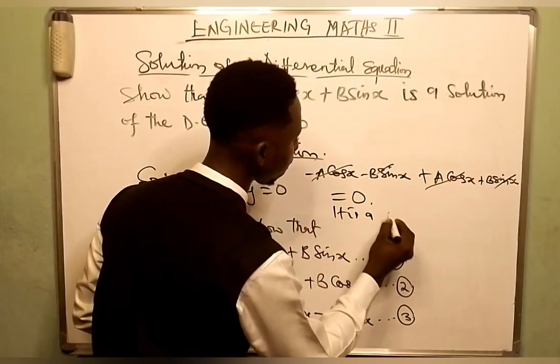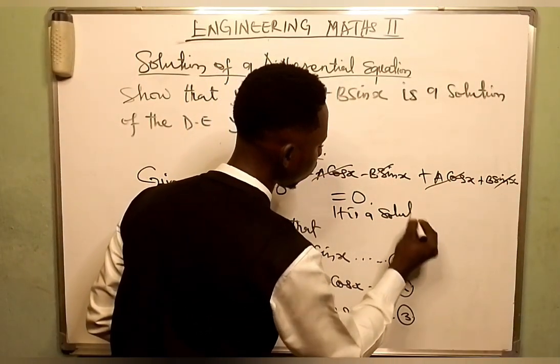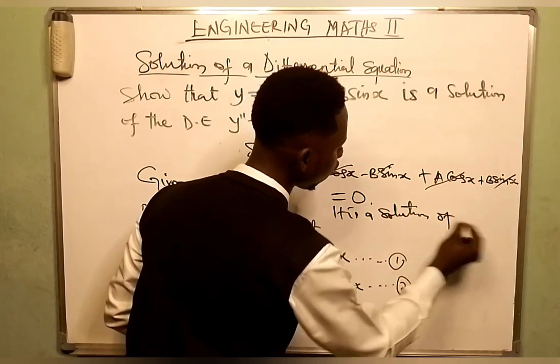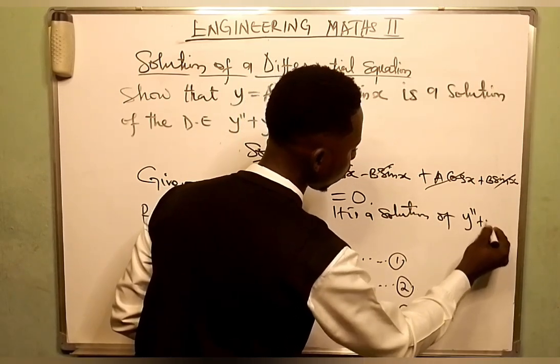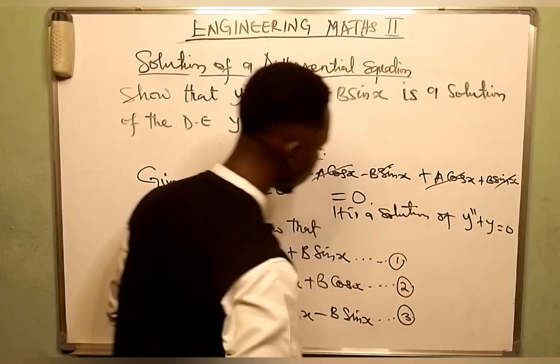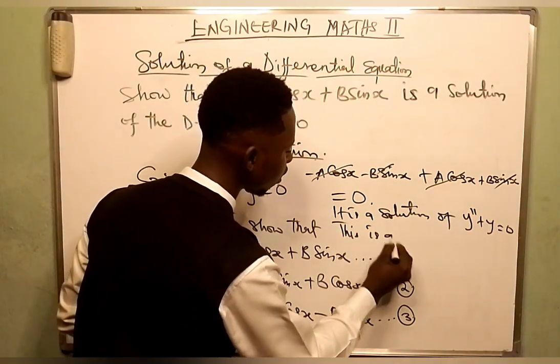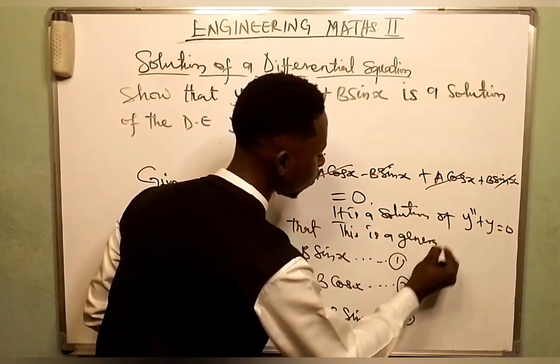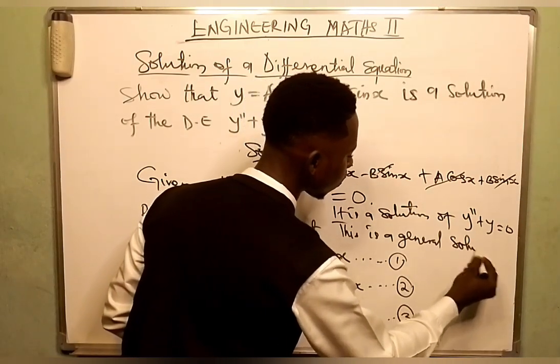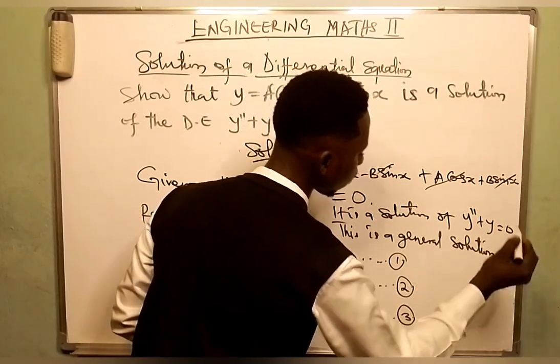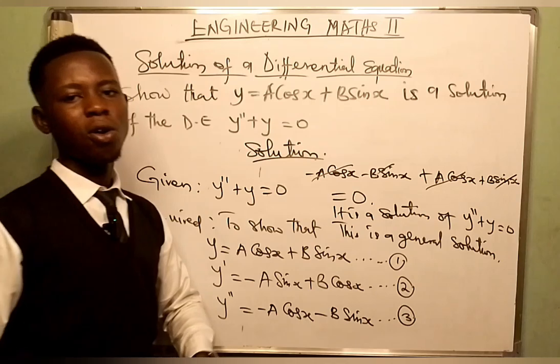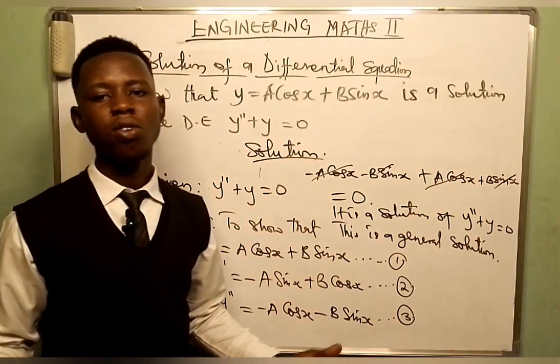It is a solution of y prime prime plus y equal to 0. Now you write: this is a general solution.